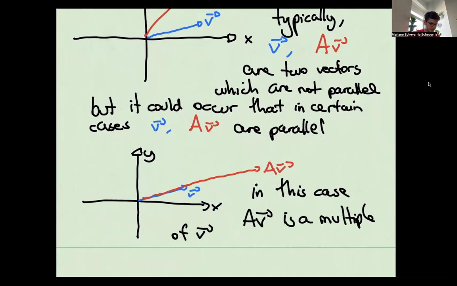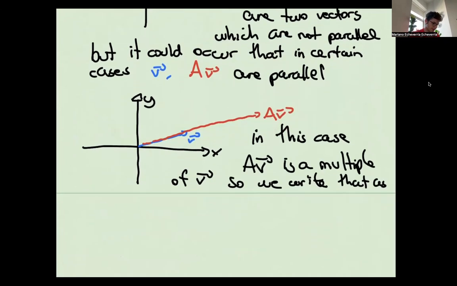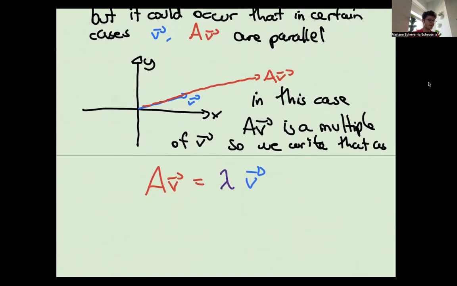Right? In this situation, since they're parallel, one is a rescaled version of the other. So we write that as A times V equals lambda times V. What is lambda here?